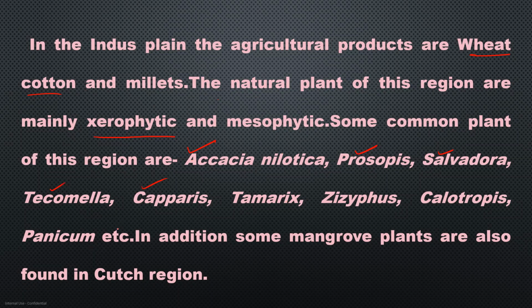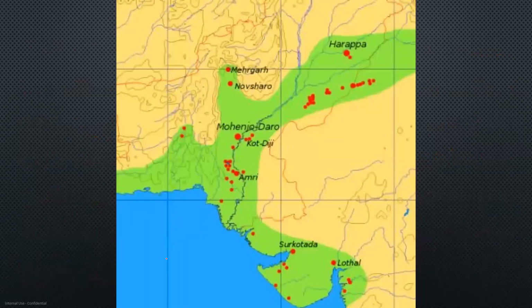If you can't remember everything, at least some you must remember. Other than this, you also have Albizia, Saccharum munja, Acacia senegal, Dalbergia. In addition, some mangrove plants are also found in the Kutch region. See, this is the region.